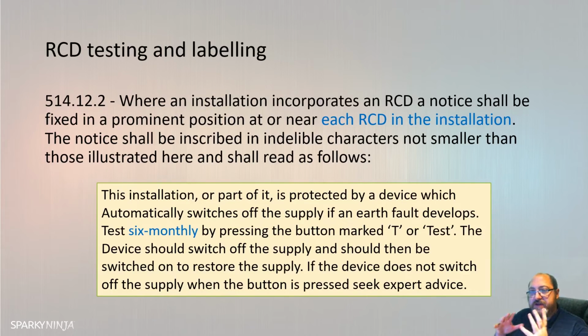So this RCD label used to be installed at the board. It now says each RCD in the installation. So again, if it's at the board, fine. But if you have these RCDs within the installation, then technically it's saying we should be putting these everywhere.